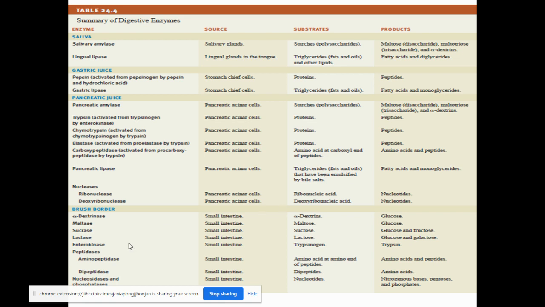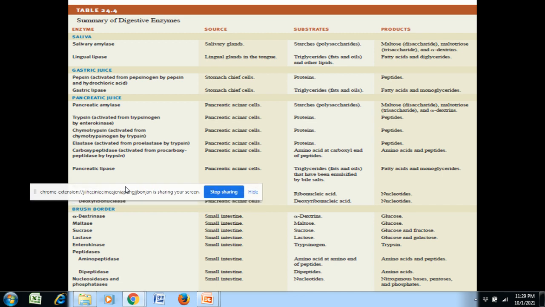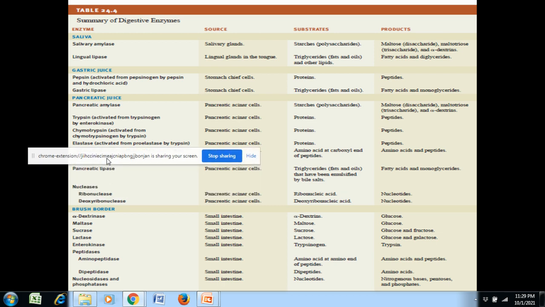So apart from this, you have nucleic acids. The nucleic acids present in the food will be acted upon by the nucleases, the ribonuclease and the deoxyribonuclease. Ribonuclease will act upon the RNA and convert them into nucleotides, whereas the deoxyribonuclease will act upon the deoxyribonucleic acid, DNA, and convert them into nucleotides.